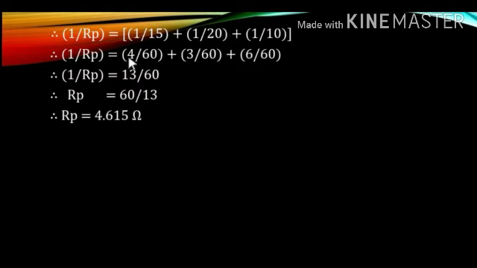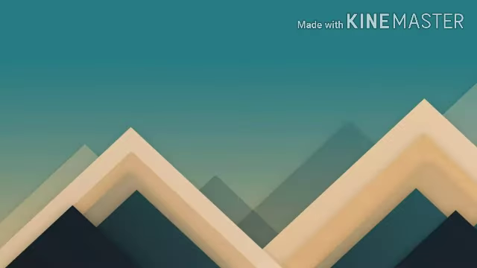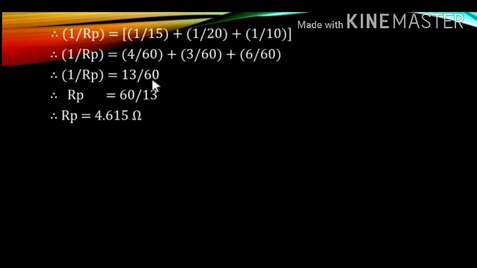Therefore now 4 plus 3 plus 6 will be equal to 13, and the denominators are now same, therefore it is divided by 60. Now taking the reciprocal on both the sides, we will get Rp is equal to 60 divided by 13, and this division will be equal to, that is Rp is equal to 4.618 ohm.